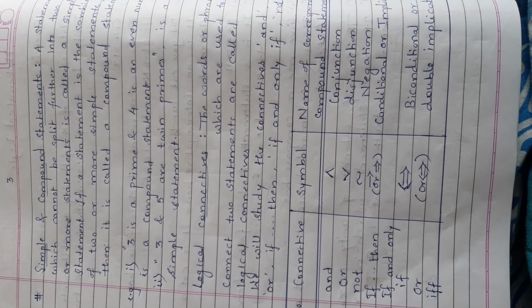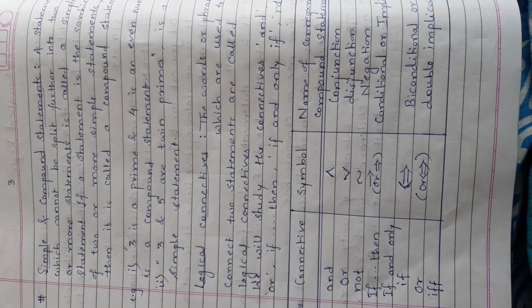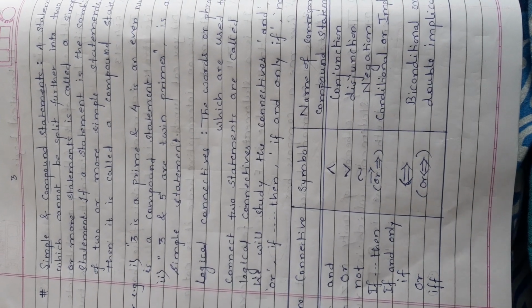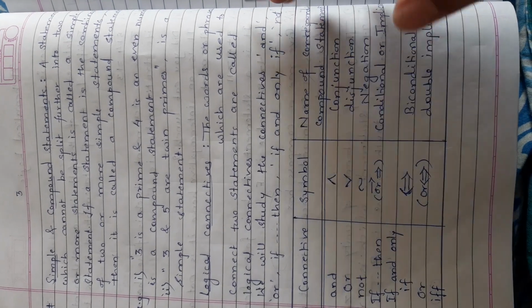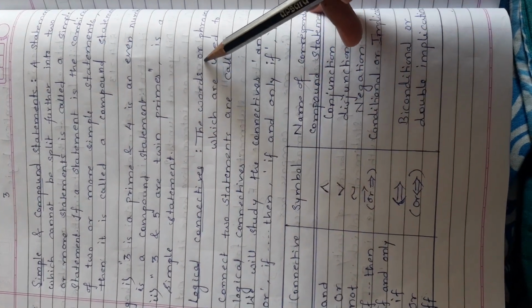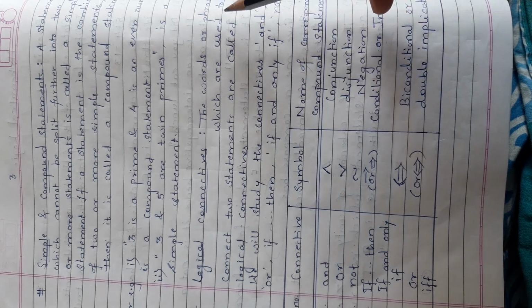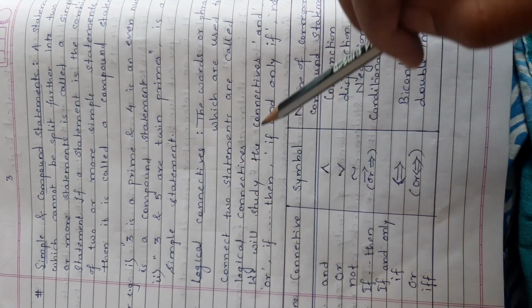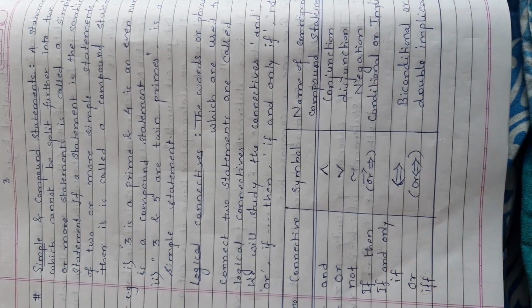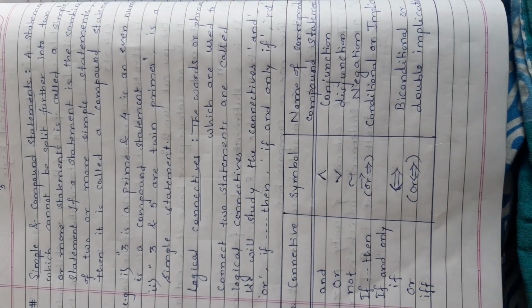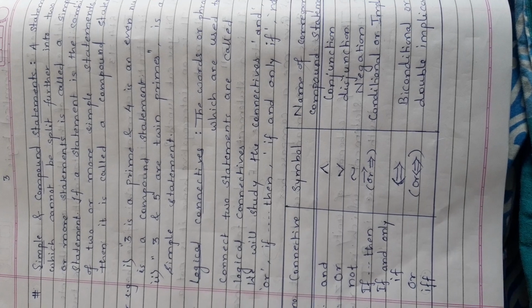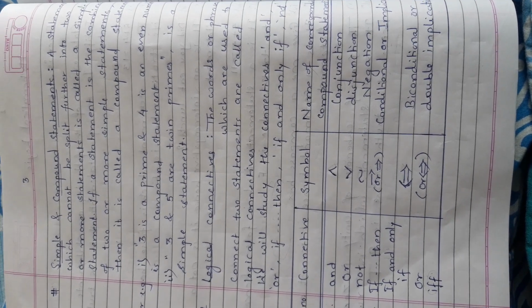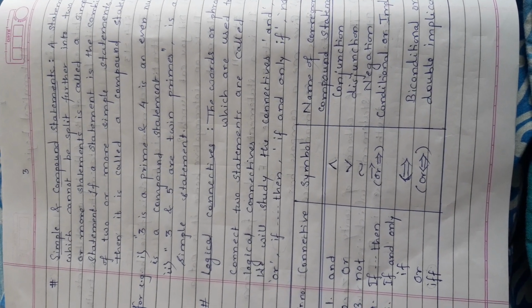Okay, so let us revise what is logical connective. Yesterday we have seen what is logical connective. The words or phrases which are used to connect two statements are called logical connectives. Which are the logical connectives? And, or, if then, if and only if, and the last one is not.